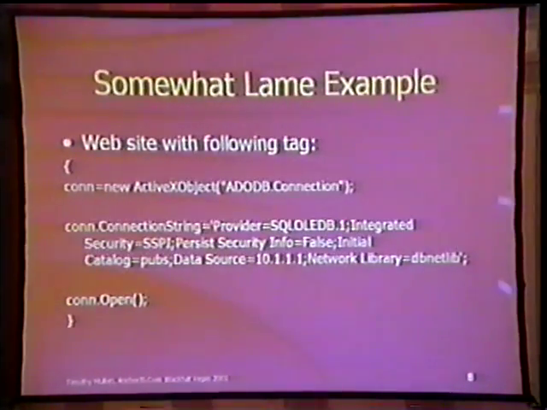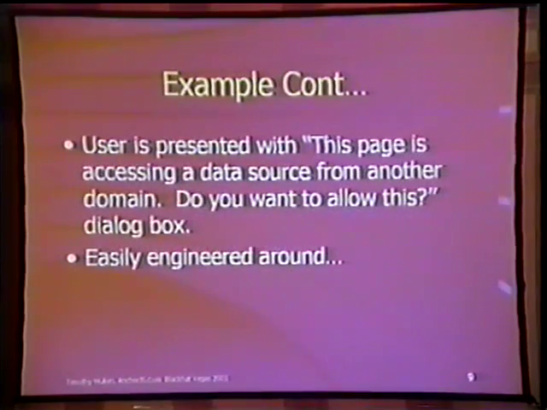Whenever we execute this, when your client goes to execute this code, you're going to be presented with a warning message. My problem is that the warning message is really kind of lame, and I'll show you that. You actually get a dialog box, "This page is accessing a data source from another domain. Do you want to allow this?", whenever you go to visit my page.